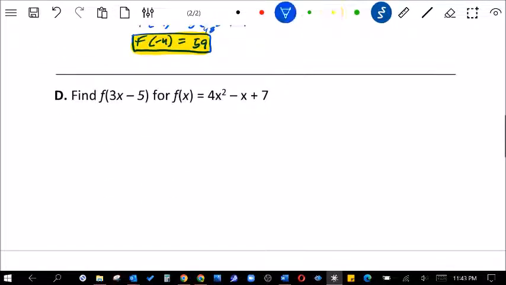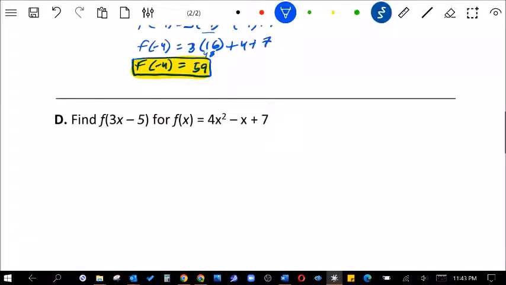Now let's do one again with the polynomial. So 3x minus 5 goes inside here. 3x minus 5 squared minus 3x minus 5 plus 7.